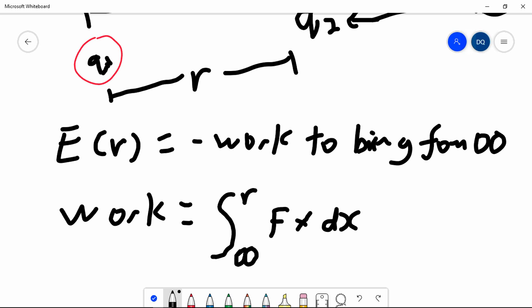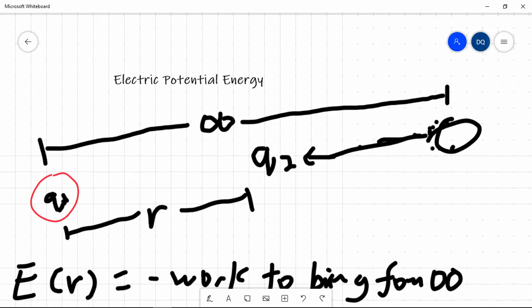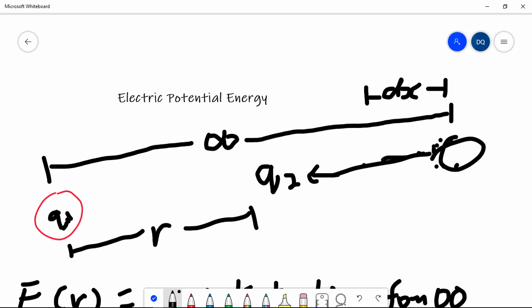So the way this works is the dx values are the little steps we're taking. We start infinitely far away and we take a bunch of steps, and we're saying the distance of each of those steps is dx. I'm going to take a whole bunch of dx's and I'm going to multiply it by the force when we're at that distance away.